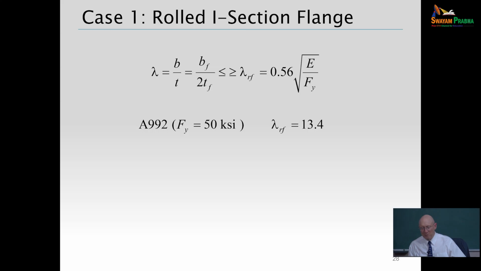And if you look at grade 50 steel or 345 megapascals, that works out to 13.4 for the width. We call it b over t generically, but for the flange, that's the half of the width divided by the thickness of the flange that we're using for the width to thickness ratio.